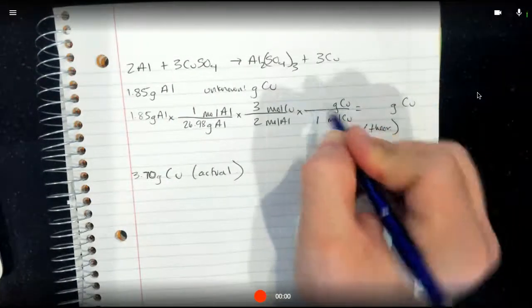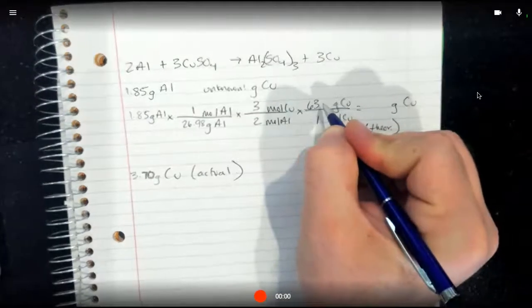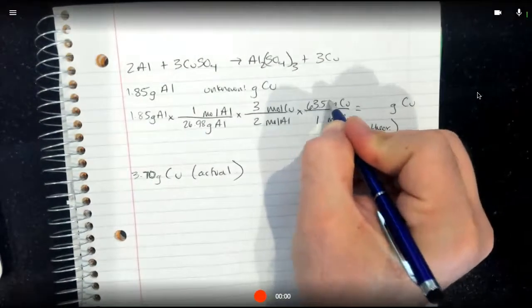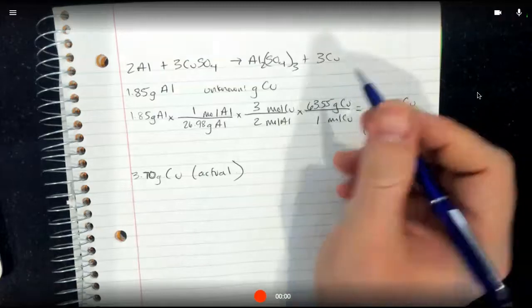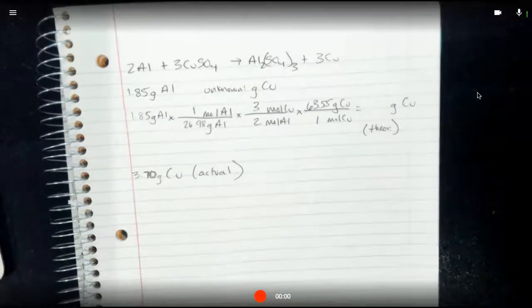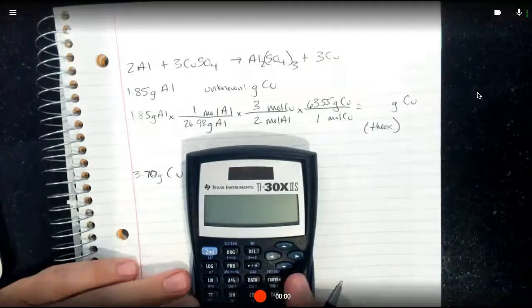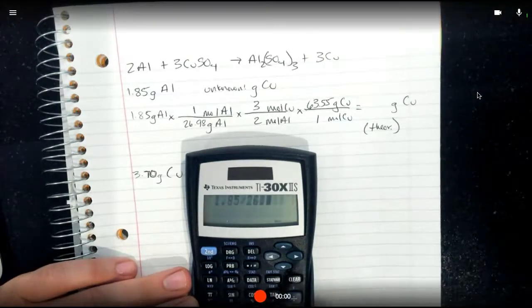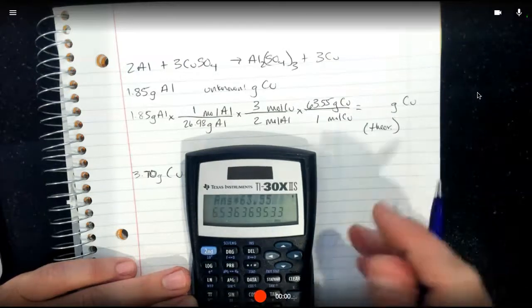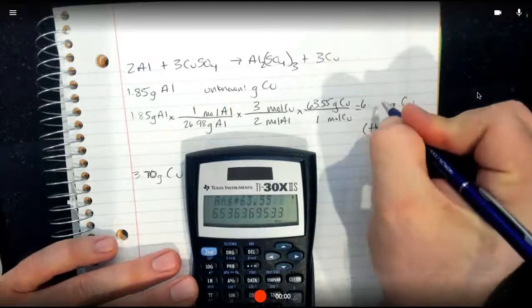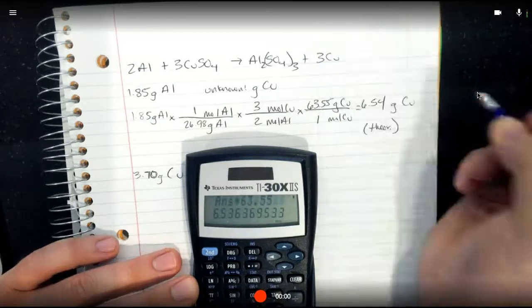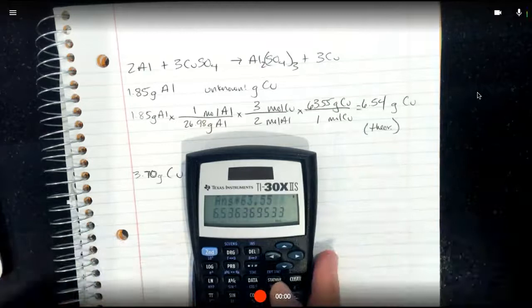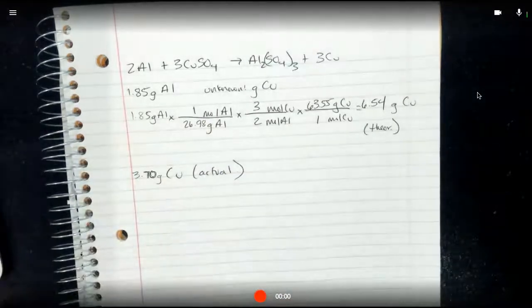Gram, you get the value from the periodic table, 63.55. So this is a pretty straightforward mass-to-mass stoichiometry here. We have 1.85 divided by 26.98 times 3 divided by 2 times 63.55. So we end up with 6.54 grams of copper. Remember 3 sig figs there.